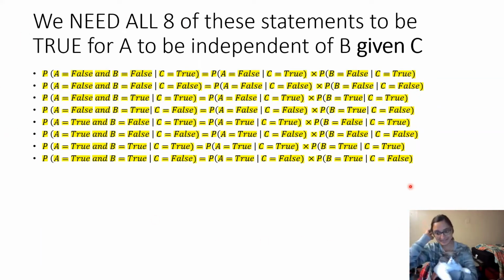That's why I was saying that sometimes if we're doing these Bayes rules, it may even be better that you find at some point one of these is not true, and then you can just say A is not independent of B given C, which is the same thing as B is not independent of A given C. So if even one of these 8 fails, then you can say that A is not independent of B given C. Otherwise you need to test all 8 of these. And if all 8 of these are true, then A is independent of B given C.